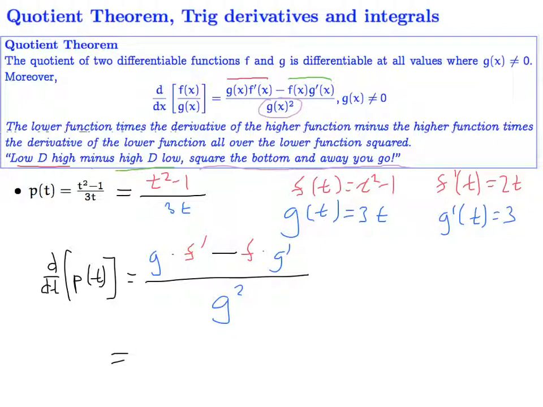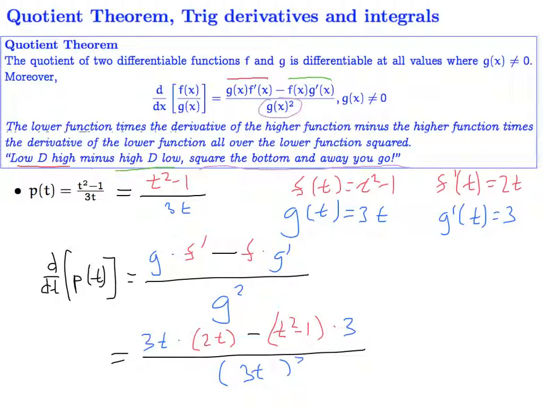And so here what we have is 3t times the derivative, which was 2t, minus the original f function, t squared minus 1, lots of parentheses going on here, times the derivative of g, which is 3, all over our original g function, 3t squared. So what we do is we really have this here.